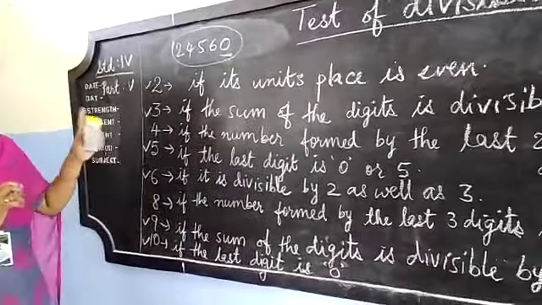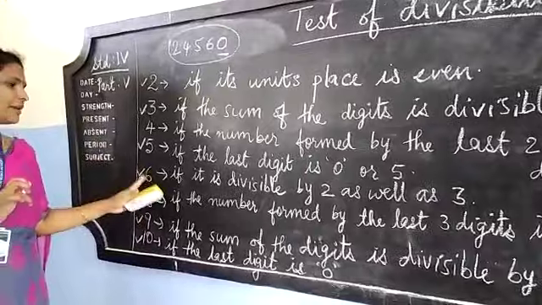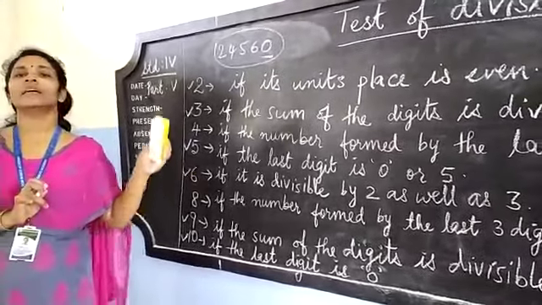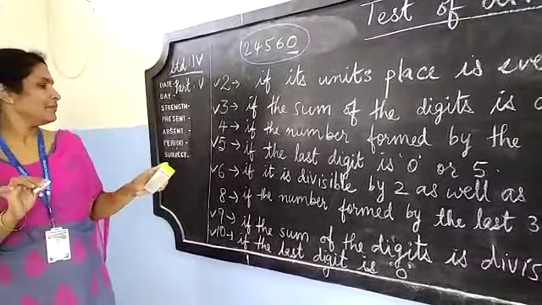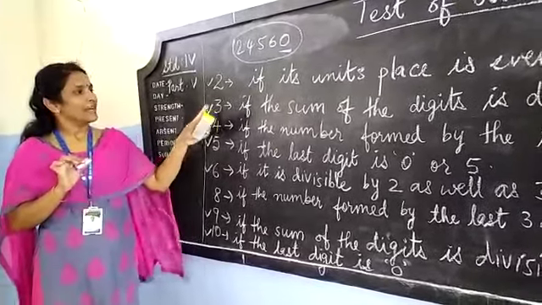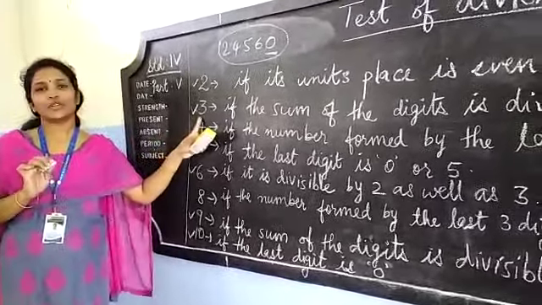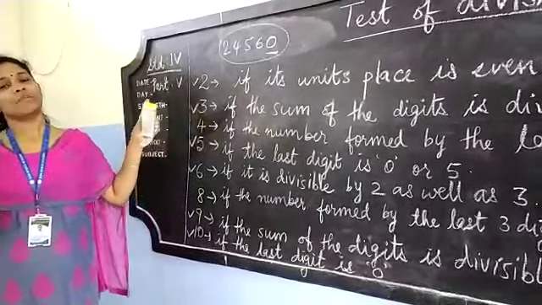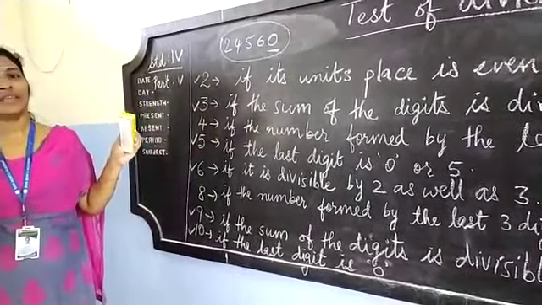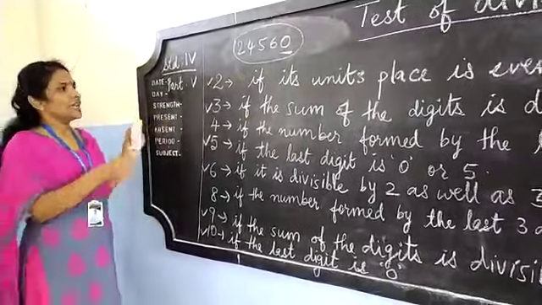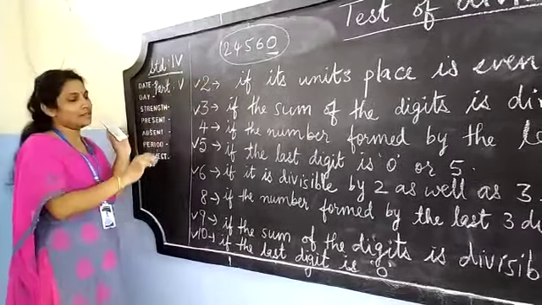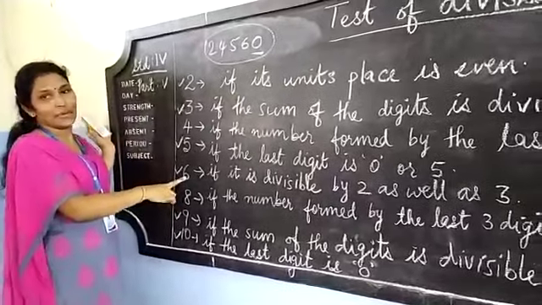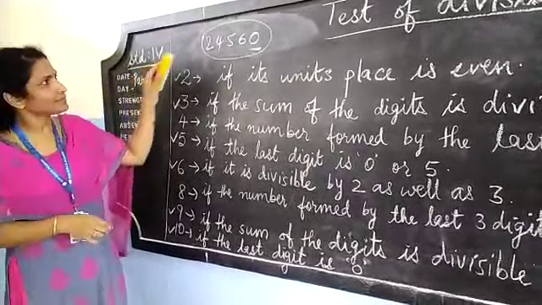For being divisible by 2, its units place should be an even number, and for being divisible by 3, the sum of its digits should be divisible by 3.